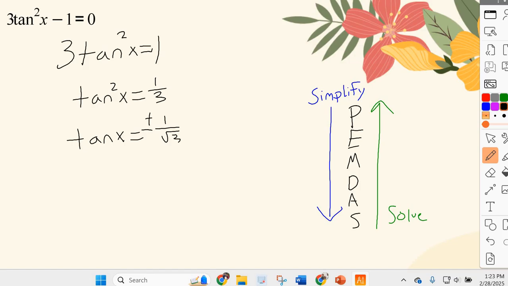So now let's think. Tangent is not on our unit circle, okay? But is there a way for me to rewrite tangent with stuff that is on our unit circle? Yes. How do we rewrite it? Sine over cosine. Okay. Now, remember that when sine is 1/2, cosine is square root of 3 over 2, and vice versa.